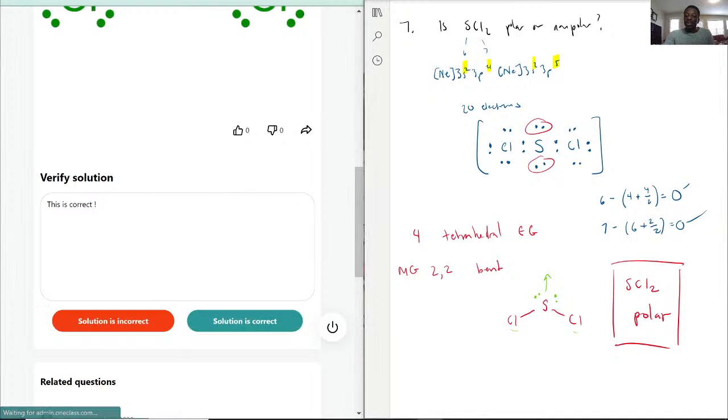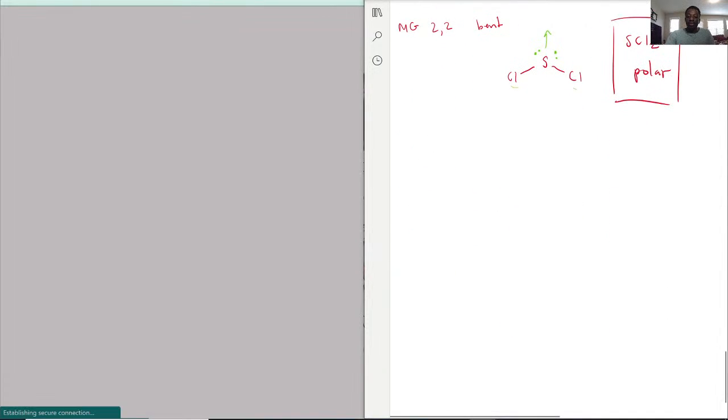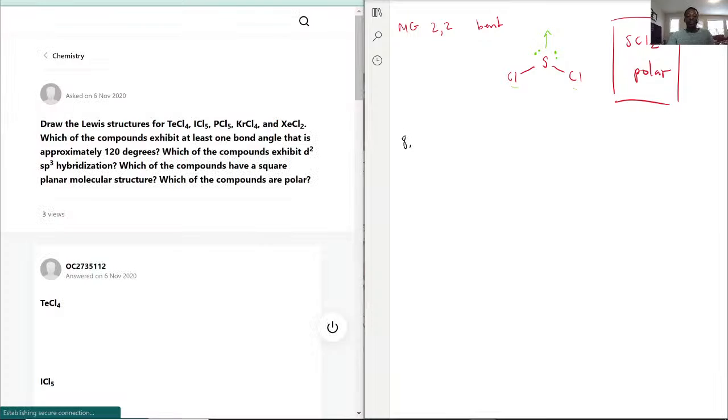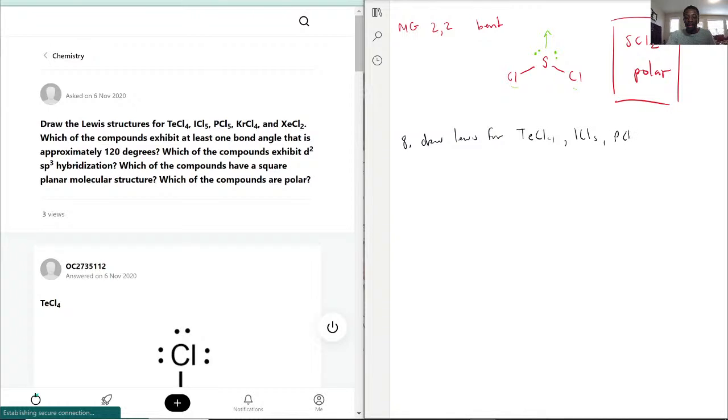So let's move on to question 8 now. Draw the Lewis structures for, wow, that's a lot of them: TeCl4, ICl5, PCl5, KrCl4, and XeCl2.